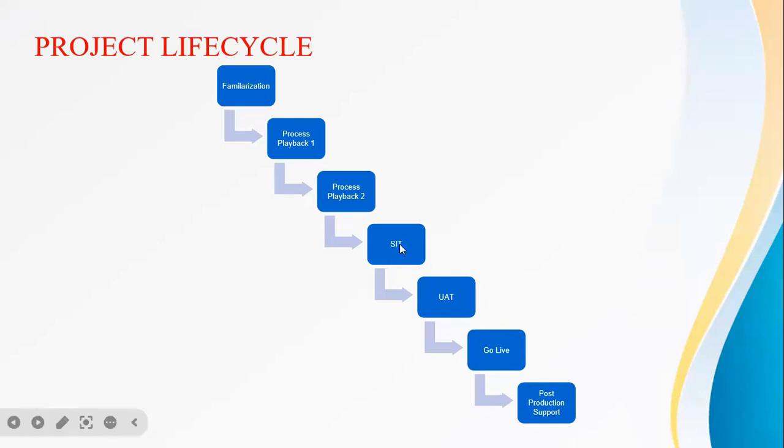Then the next phase is your SIT, system integration testing. As part of system integration testing, you will build all the configuration. When you reach the SIT phase, the configurations in place will be almost 90 percent in line with your final solution.